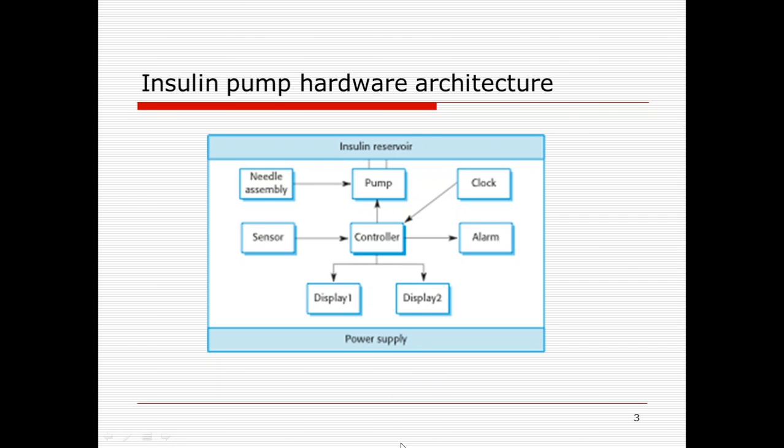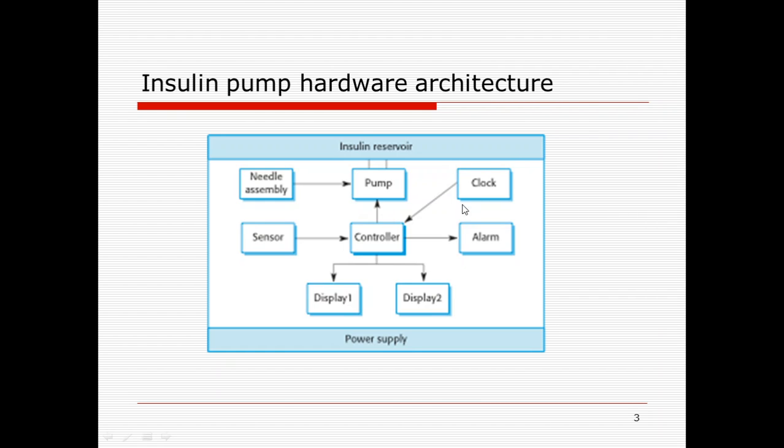So this is the entire hardware setup of the device which is attached to the person's body. The sensors are micro sensors which pass on different parameters as data to the controller.